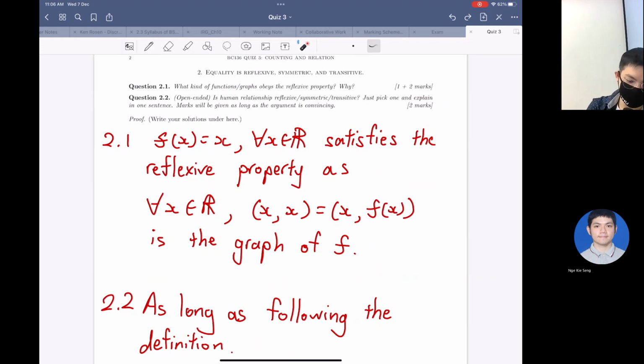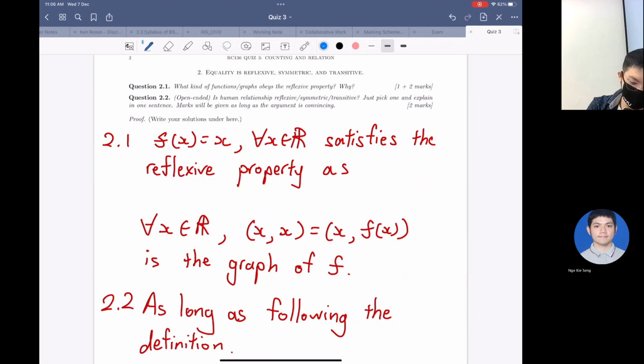So maybe let me write something more so that you know what I'm doing. Let me write (x, f(x)) is in the relation if and only if f is a function of x.